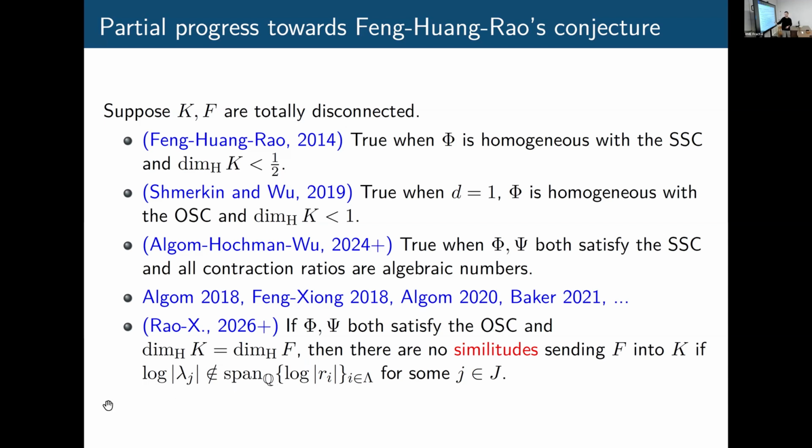At least on the real line, there's no difference between similitudes and affine maps, and the real assumption is this very strong coincidence between their Hausdorff dimensions.